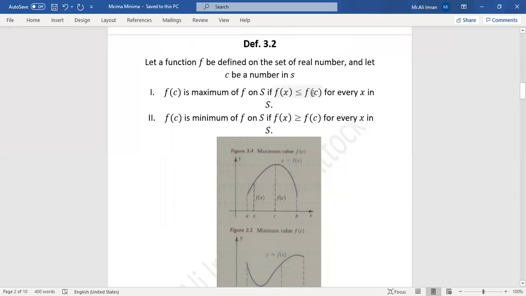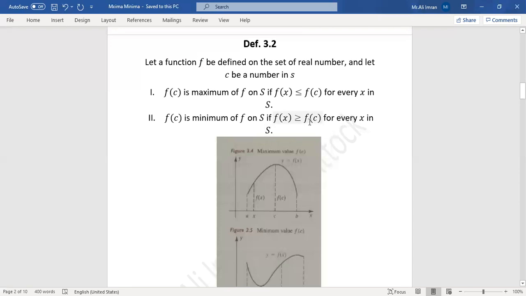It means that f of c is greater than all the values of f of x for x belonging to S. F of c is the minimum of f on S if f of x is greater than or equal to f of c. This means that f of x is greater than f of c for every x in S.